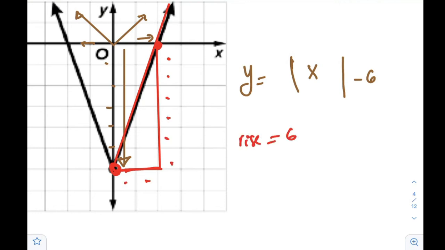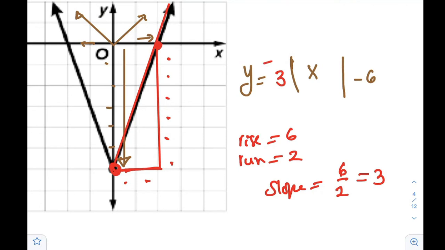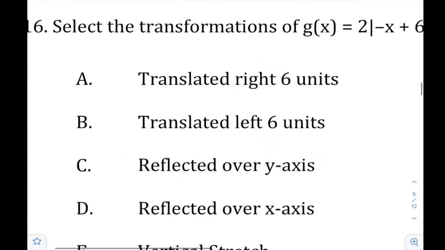And the run is 1, 2. The slope is rise over run, which is 3. So I write 3 here. And this is exactly what we were looking for. We cannot write negative here because it's not reflected. It is the same position, it's opening up.